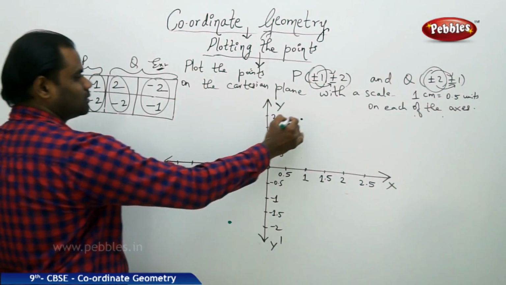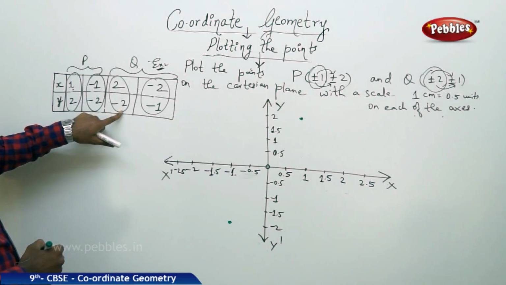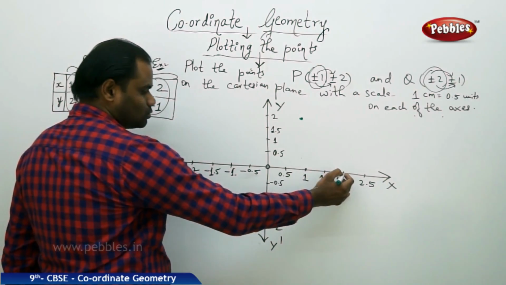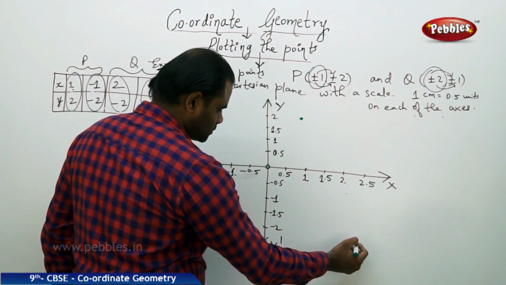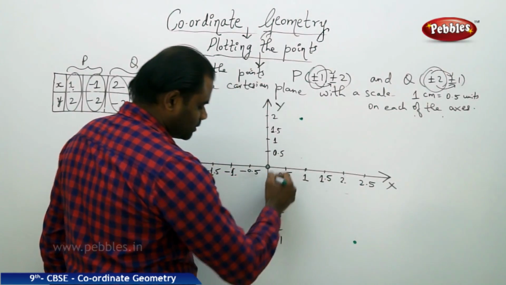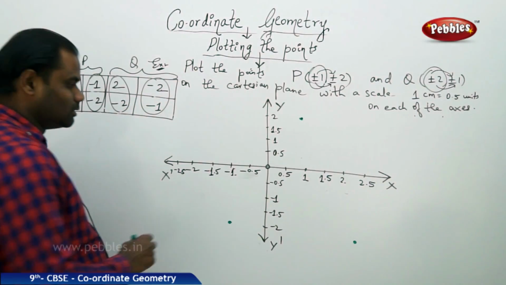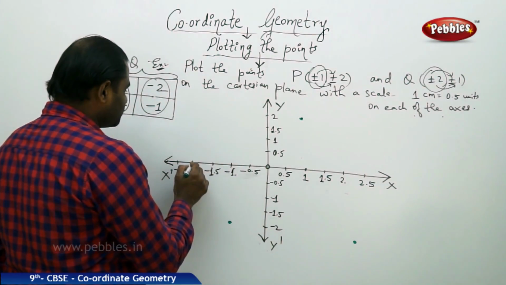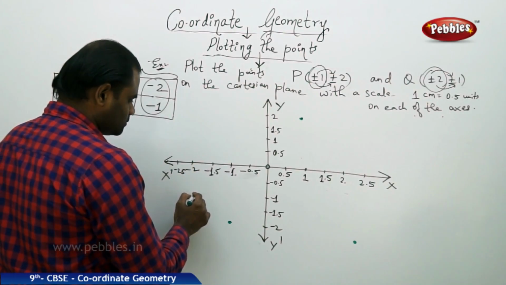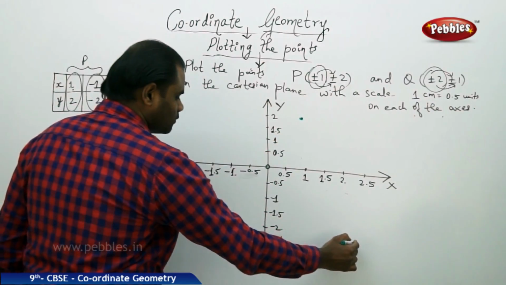Similarly, my third point, which is 2, minus 2, comes out here: 2 units right and minus 2 down. And my fourth point, which is minus 2, minus 1, moves 2 left and 1 down, is how I locate the 4 points.